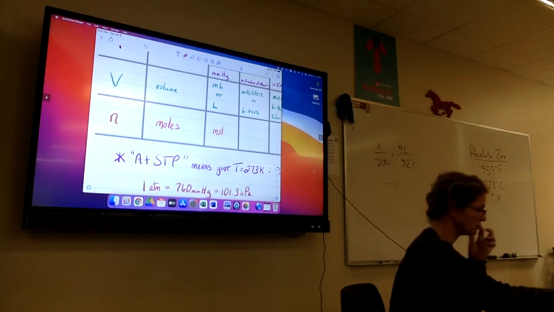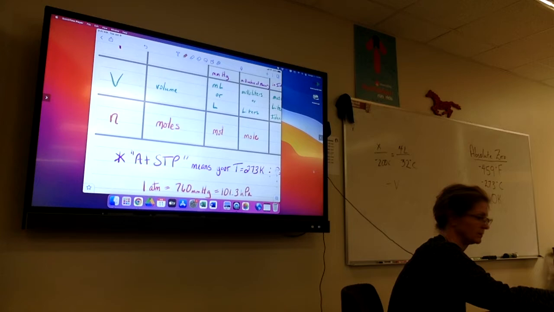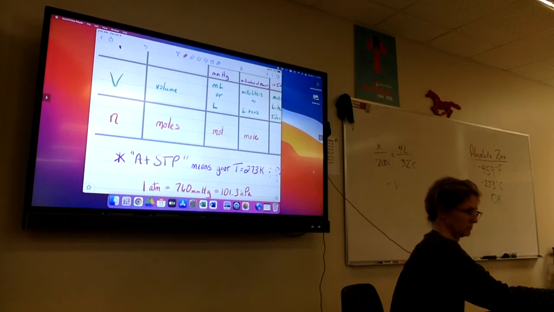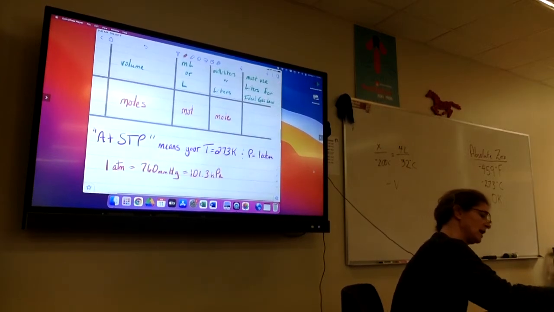This is one of the few variables whose unit is the same as the variable, which doesn't make any sense at all. That's kind of like saying the volume is 5.0 volumes. It's dumb, but whatever. And you use moles for ideal gas law.